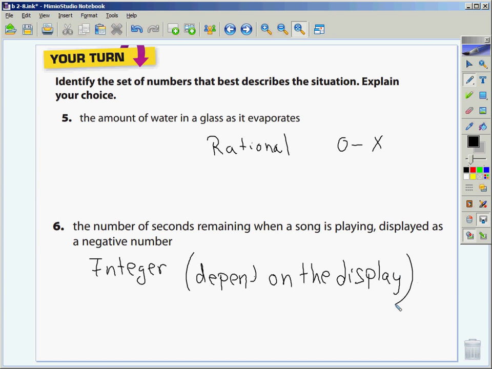How many people have a stopwatch on their watch? There's going to be a couple people that do. When you're using a stopwatch, does it show just seconds or does it show more than that? It shows tenths of seconds, hundredths of seconds, doesn't it? Would it then be an integer? What would it be then? It would be rational. Okay? So make sure that you're explaining why you chose your answer.